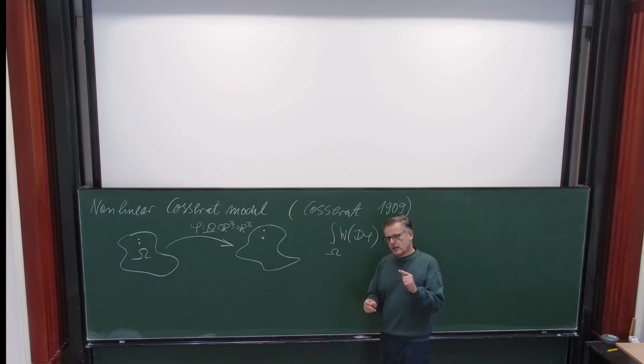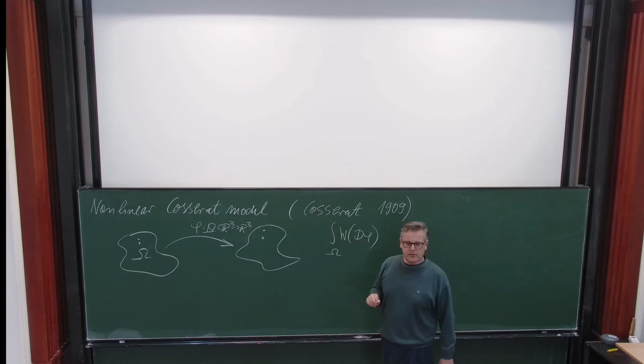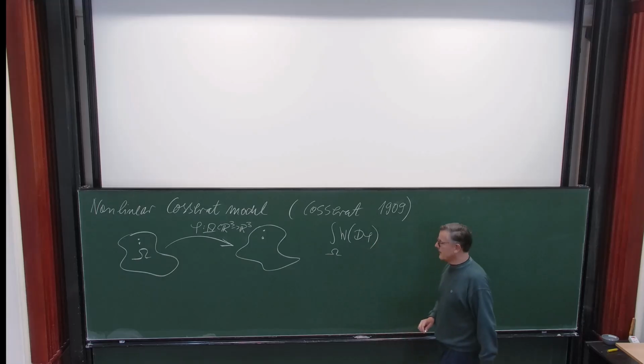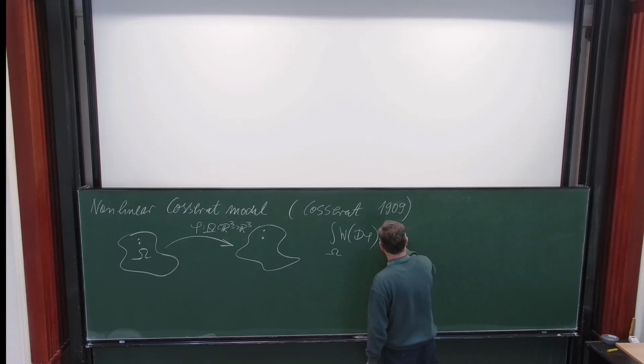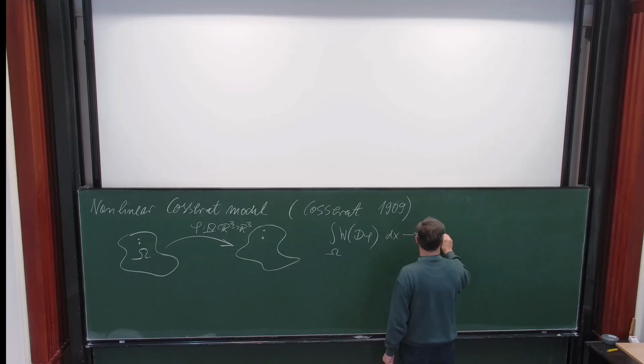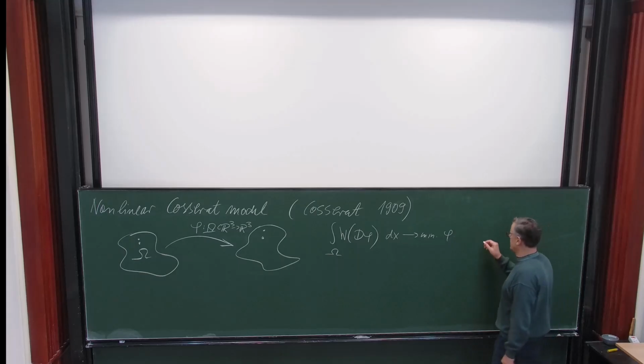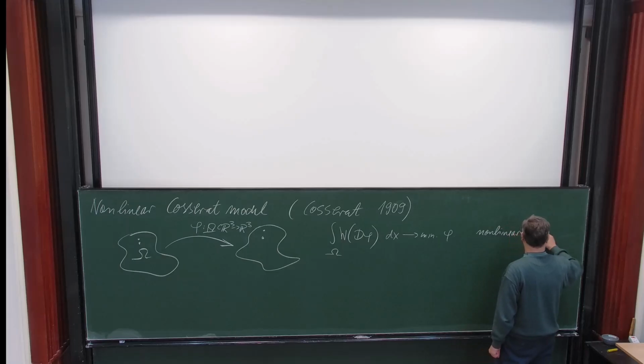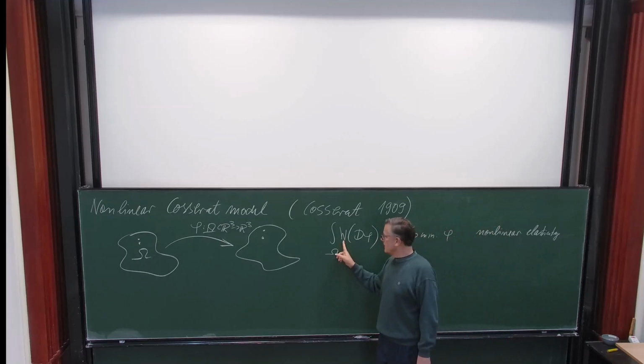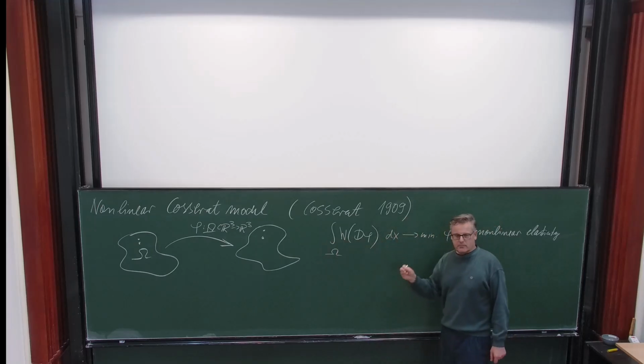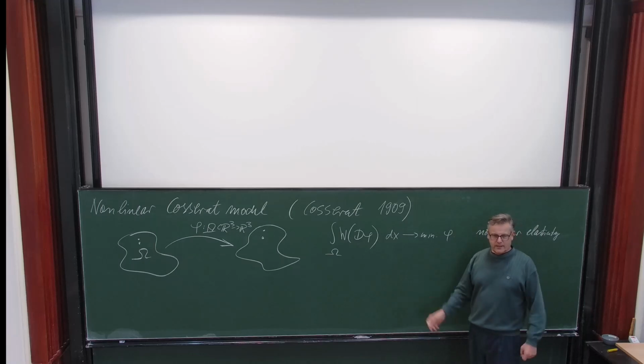I once had to spend some weeks to understand that a certain calculation didn't go because the Russians are using a transpose gradient. But the d phi is unique. So you minimize this with respect to some boundary conditions. I'm not giving body forces now. That is classical nonlinear elasticity. And everything hinges now on finding sufficiently general energy functions so that that variational problem makes sense as a minimizer, whatever.